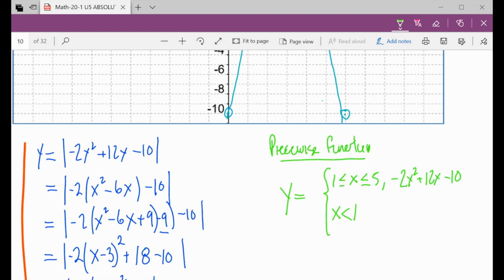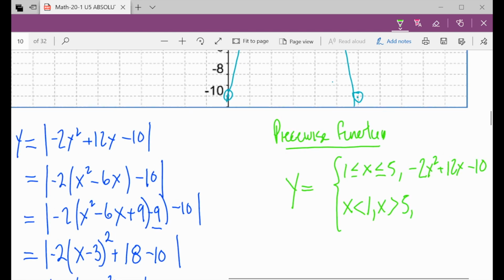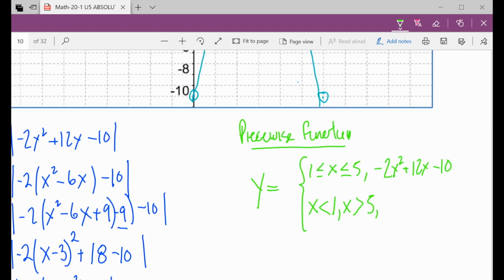But when x is less than 1 or when x is greater than 5, the equation of the function for this is going to be the opposite of what you saw there. And how do you get that? You change all the signs. So it'll be 2x squared minus 12x plus 10.